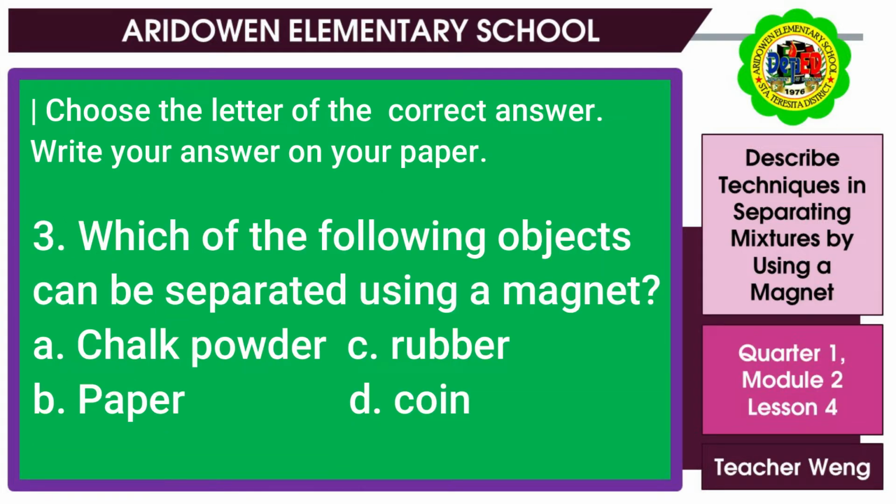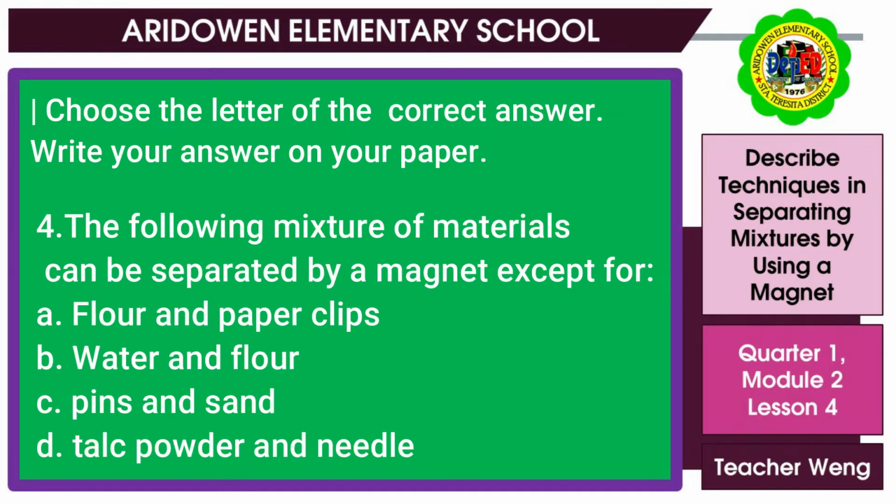Number 3. Which of the following objects can be separated using a magnet? The correct answer is letter D, coin. Number 4. The following mixture of materials can be separated by a magnet except for letter B, water and flour.